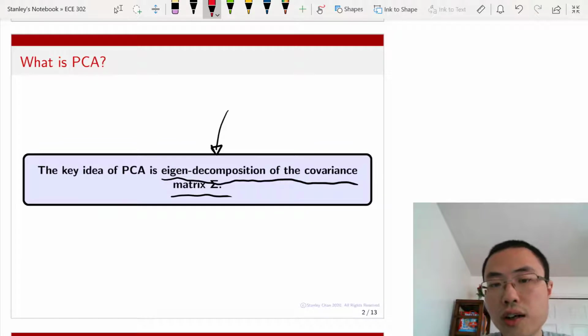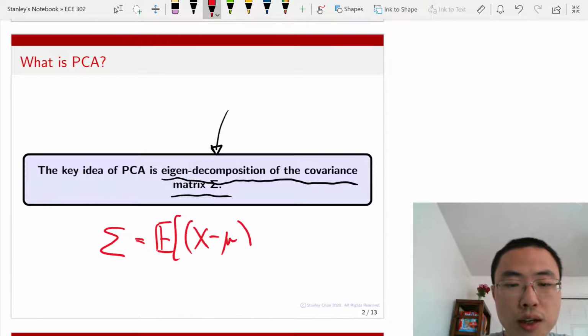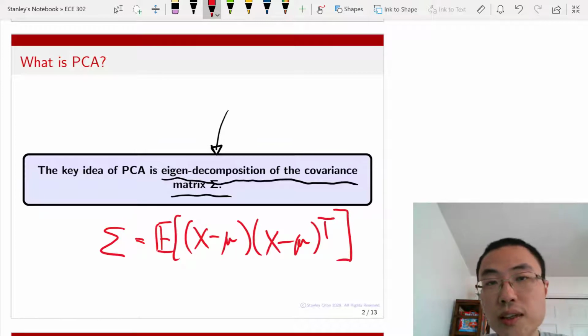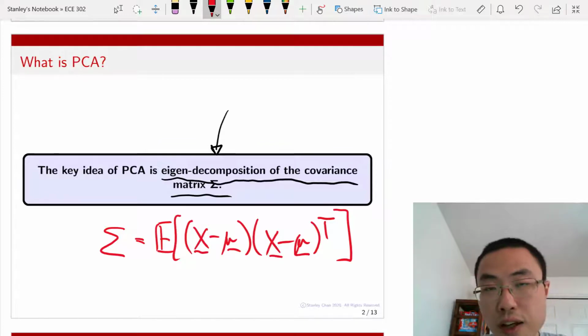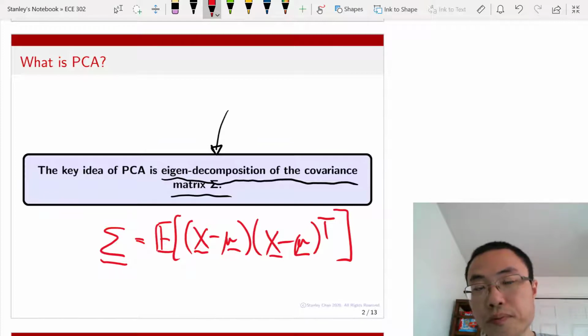Now, in case you forgot what is a covariance matrix, the covariance matrix sigma is the expectation of x minus mu and the x minus mu transpose. And you take the expectation over all the possible x. And here, certainly, x is a random vector. That's how we compute the covariance matrix.